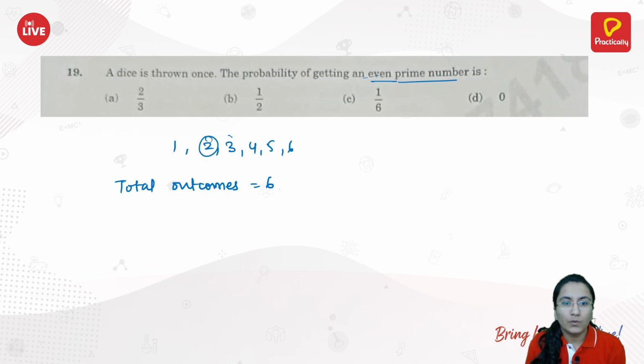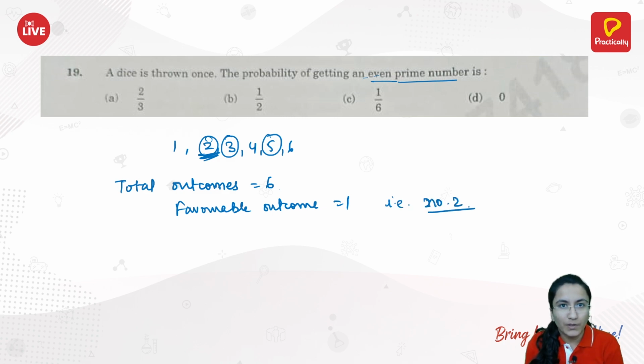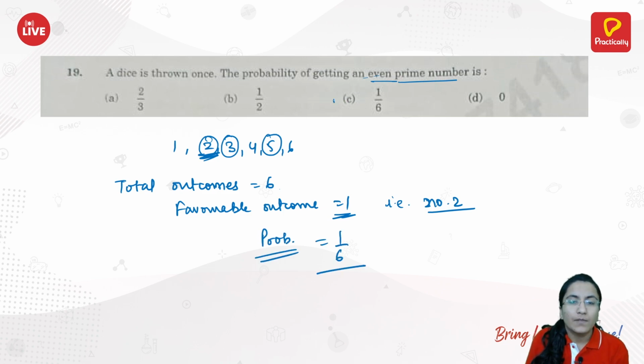Prime numbers are 2, 3, 5 here, but even out of them is only 2, right? So the favorable outcome is only 1, that is number 2, which can come on the die. So the probability required is 1 by 6. So option C is the correct answer.